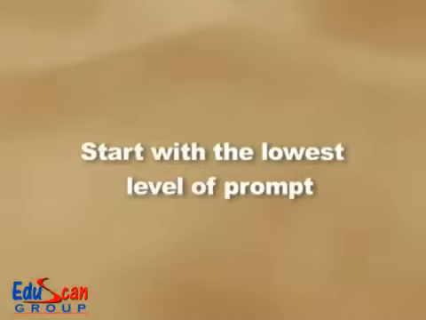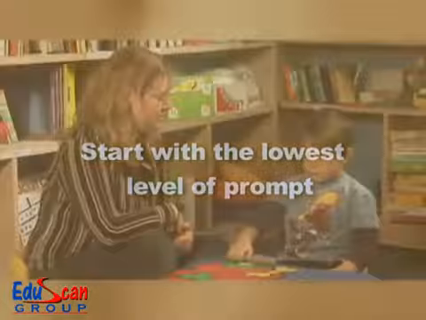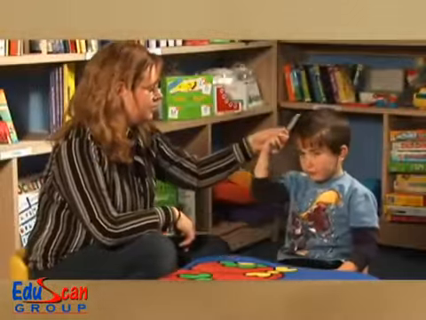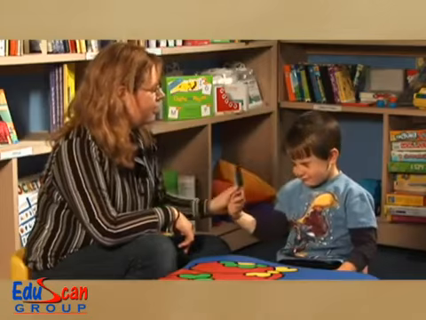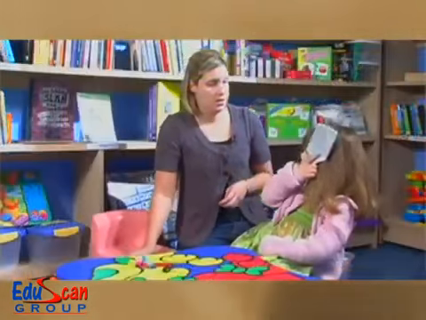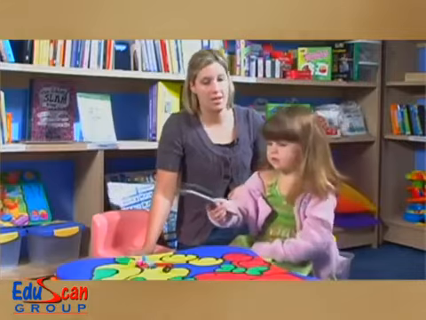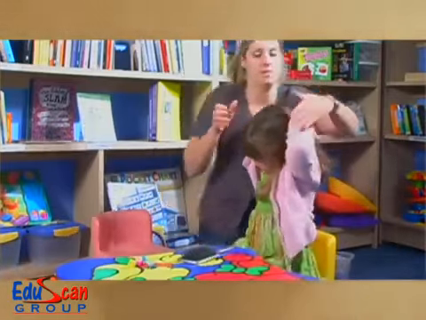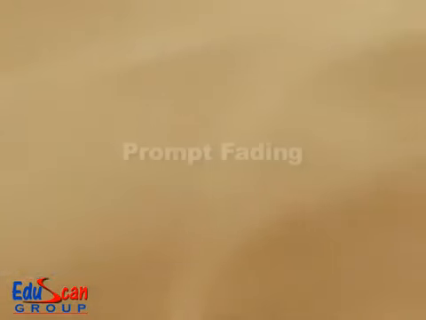When beginning, it is very important to start with the lowest level of prompt that works. For example, if the child can only brush his or her hair with a physical hand prompt, you should begin with the physical prompt. But if the child can complete the task with the visual, you should begin at this level of prompt, and so on.